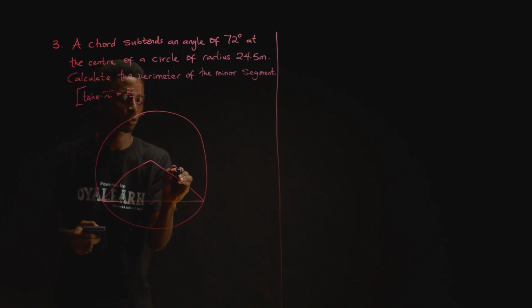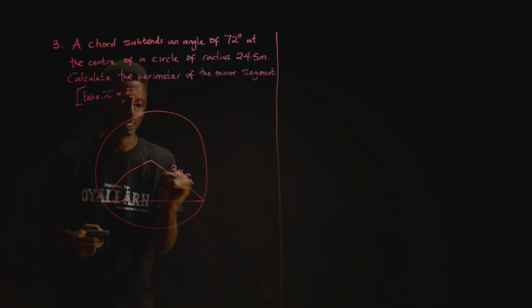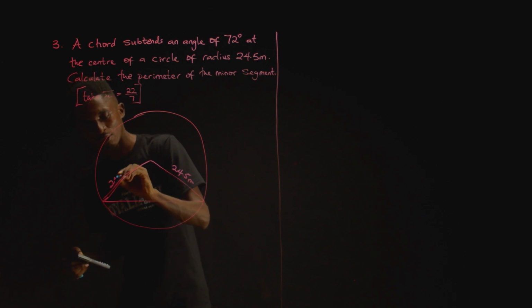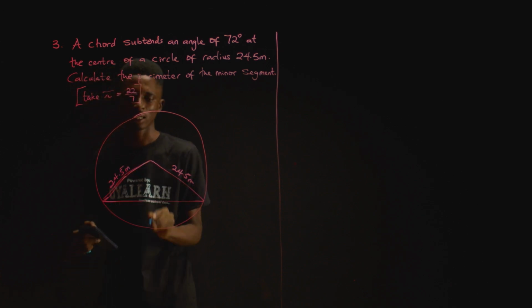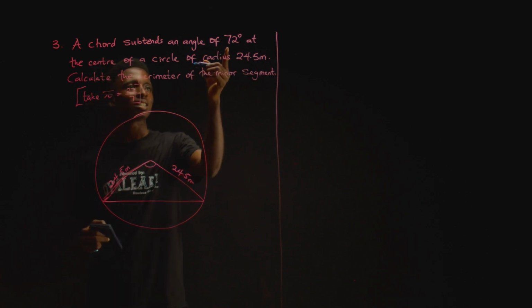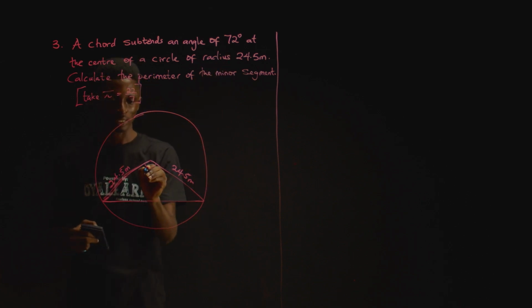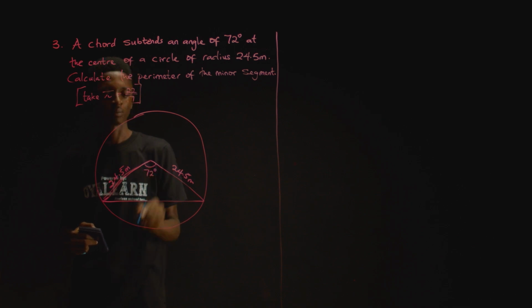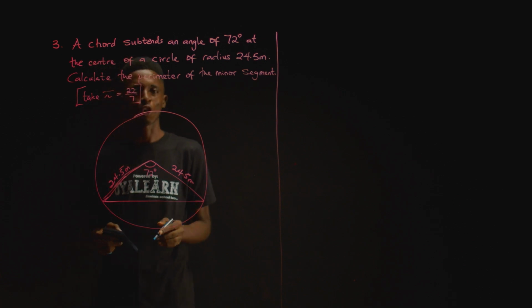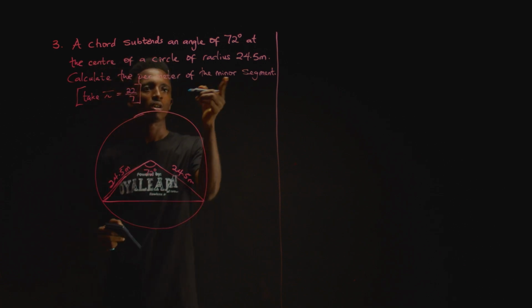So the radius is 24.5 meters, just as we have another straight line here to be 24.5 meters. Now we are told that this angle that subtends here is 72 degrees, right? So we are then asked to calculate the perimeter of the minor segment.